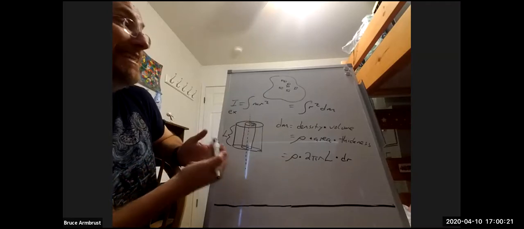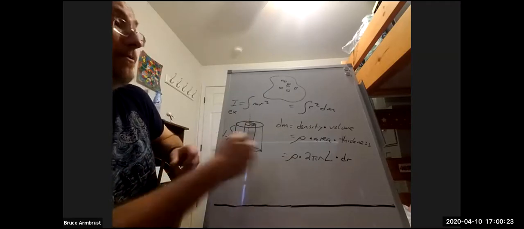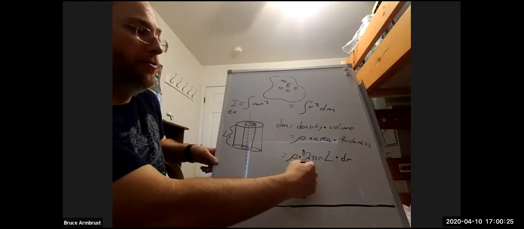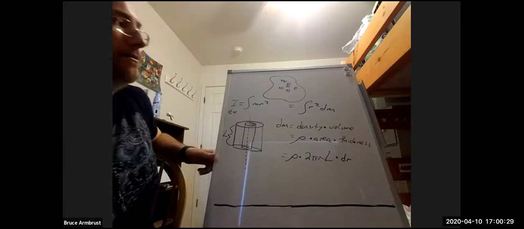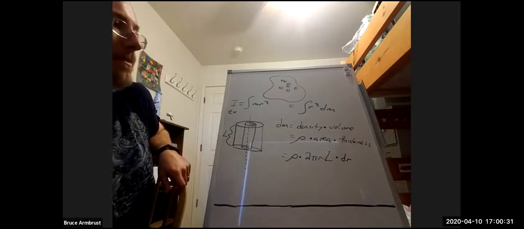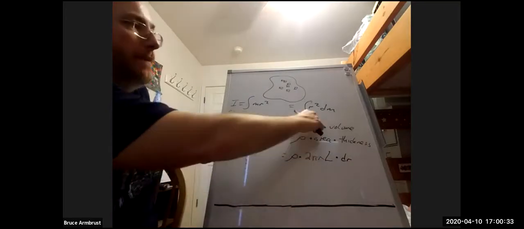So there's our dm. It's going to be rho times 2 pi r L, that's the area, times dr, which is our thickness. So let's put that up in here.